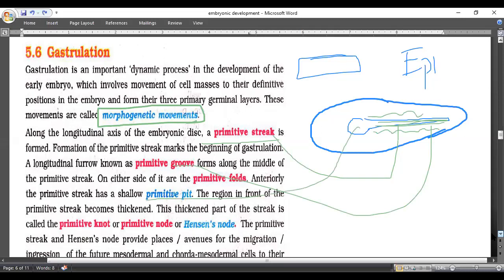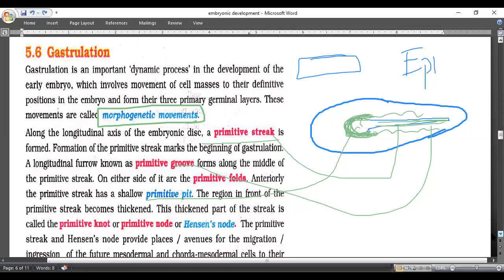The region in front of the primitive streak becomes thickened. This thickened part of the streak is called the primitive knot or primitive node, that is, Hensen's node. So talking about this one itself, primitive knot or primitive node or Hensen's node.